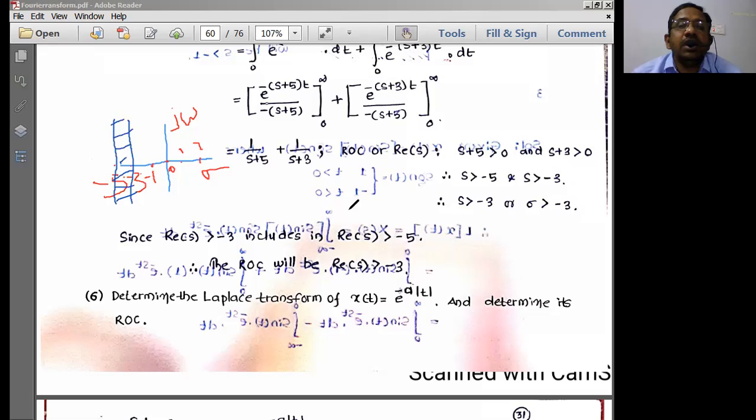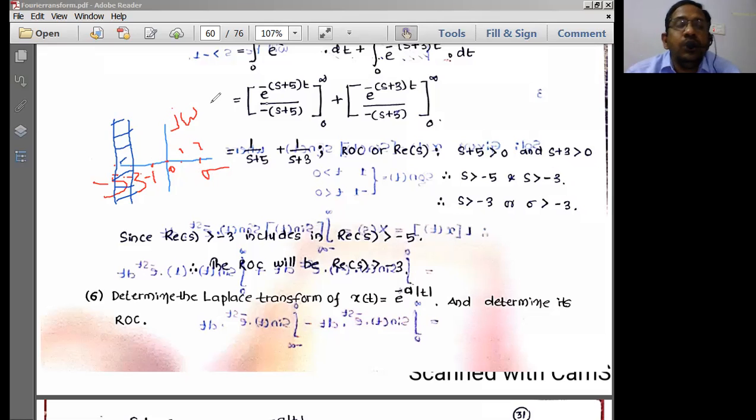In Fourier transforms, we don't have a sigma axis. We have only the j omega axis. So if the value has to exist, it has to exist for the entire j omega axis. That's the problem we have in the Fourier transform representation.